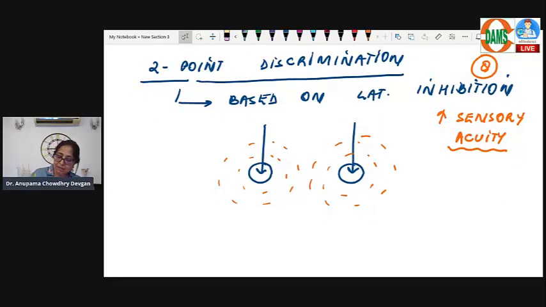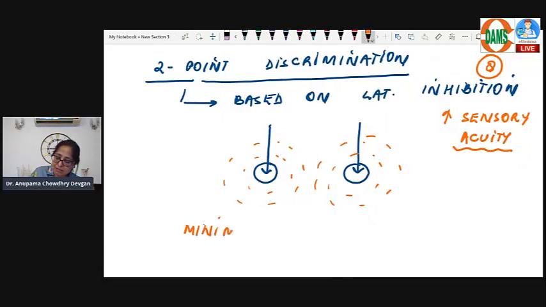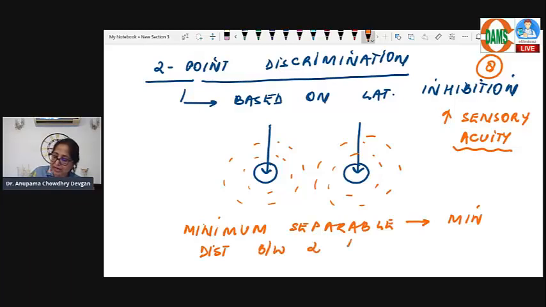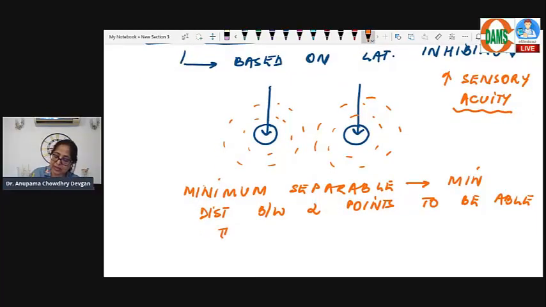Now, just to complete this, you know what is minimum separable? Minimum separable is the minimum distance between two points to be able to perceive them as two separate points.